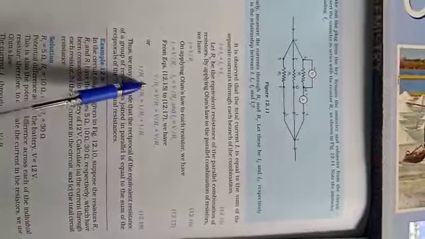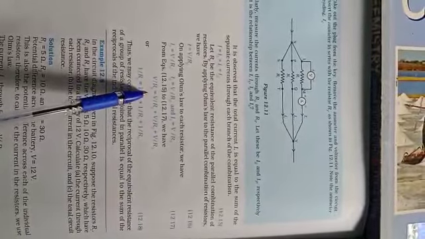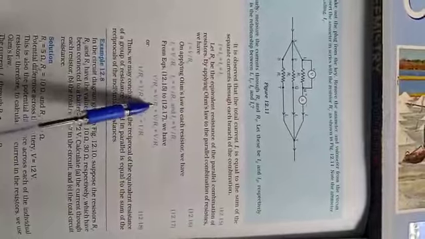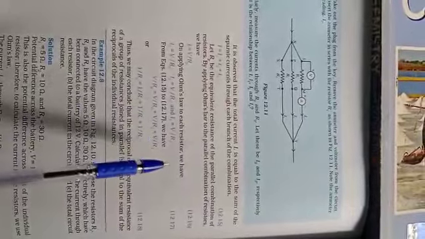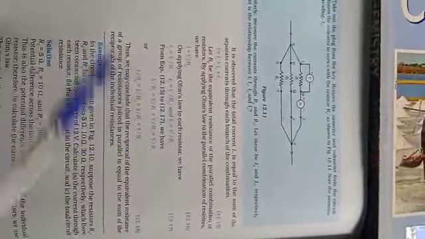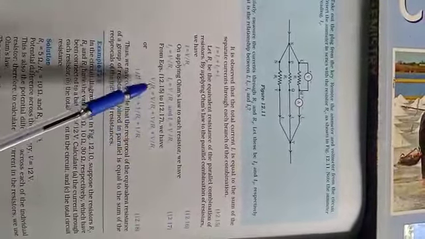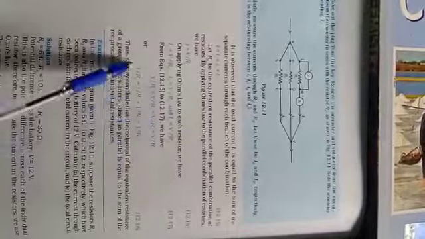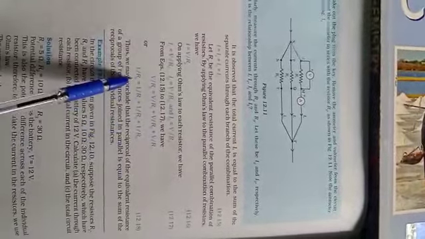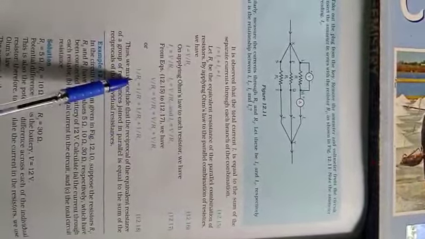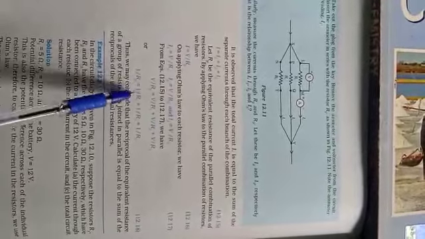We have V upon Rp equals V upon R1 plus V upon R2 plus V upon R3. Next step, V is common, so we cancel V on both sides. So 1 upon Rp equals 1 upon R1 plus 1 upon R2 plus 1 upon R3.